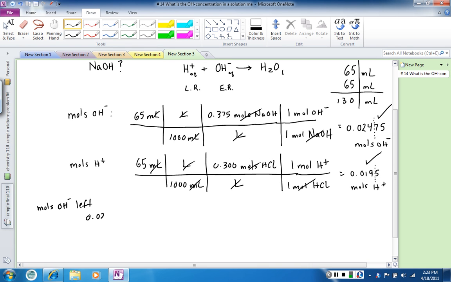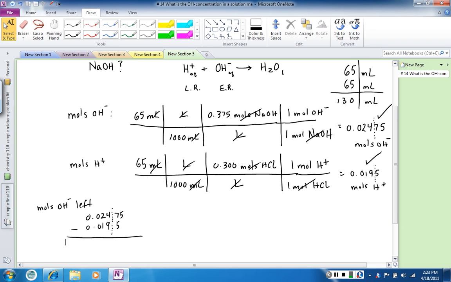of OH minus 0.024. Draw our sig fig line, 75 minus 0.019, same sig fig line, 5.